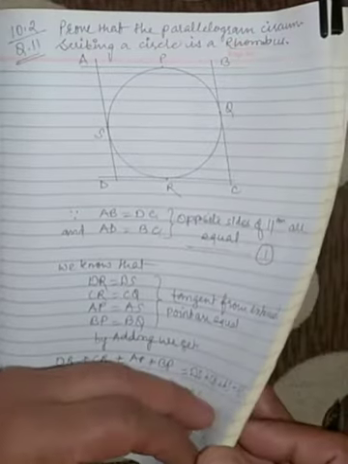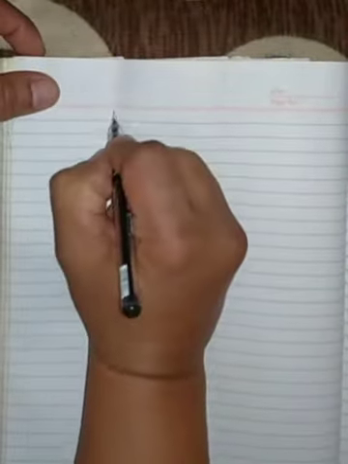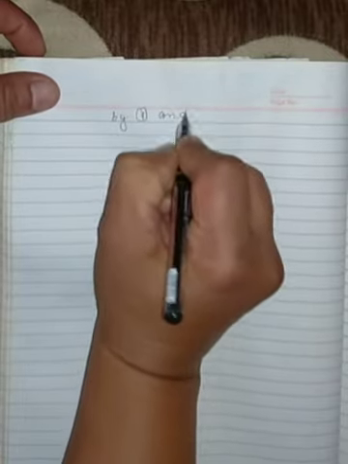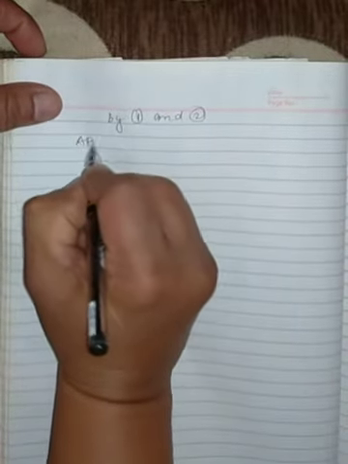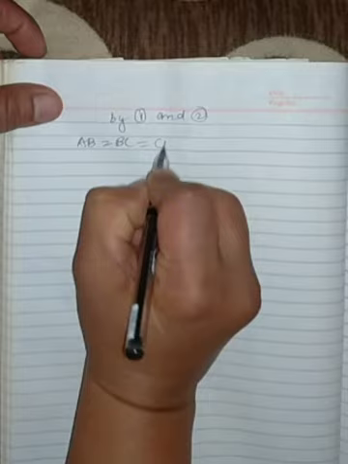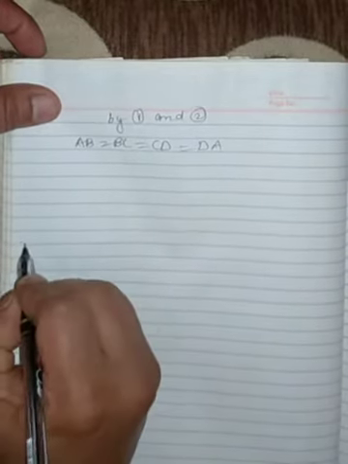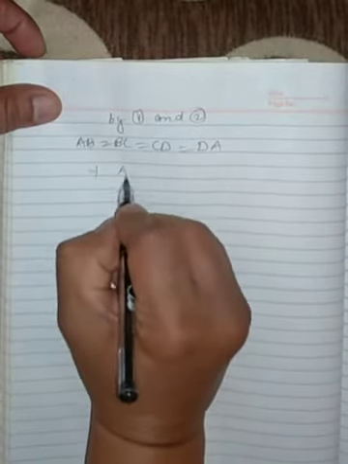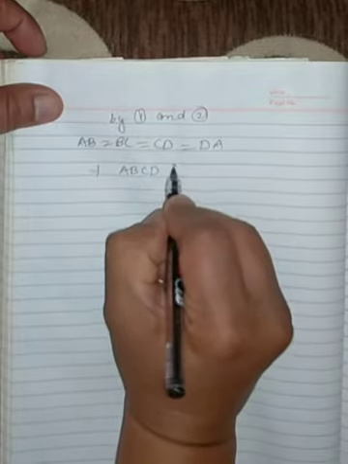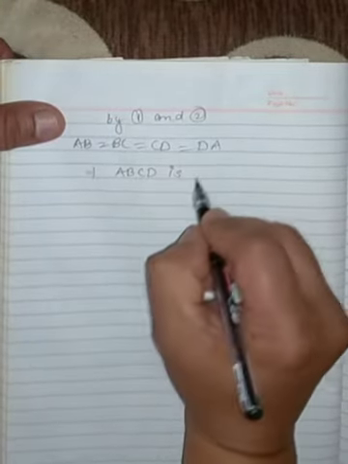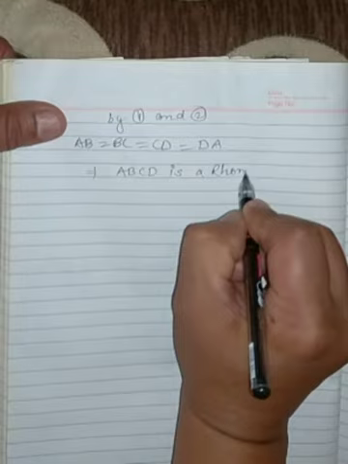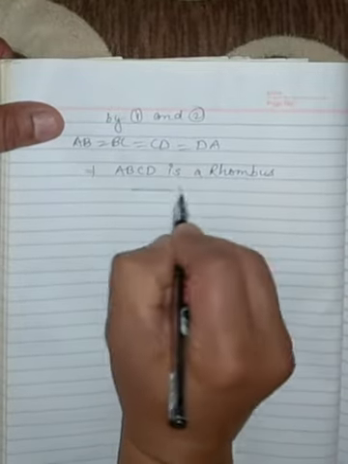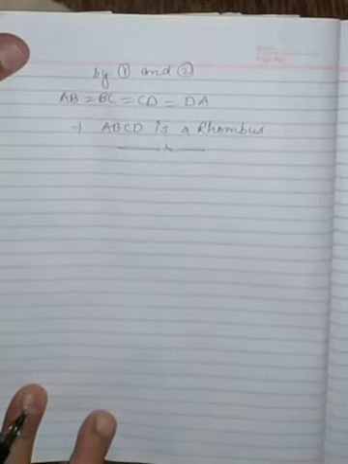So by 1 and 2, AB is equal to BC is equal to CD is equal to DA. Therefore, ABCD, which was given a parallelogram, is a rhombus, as proved.